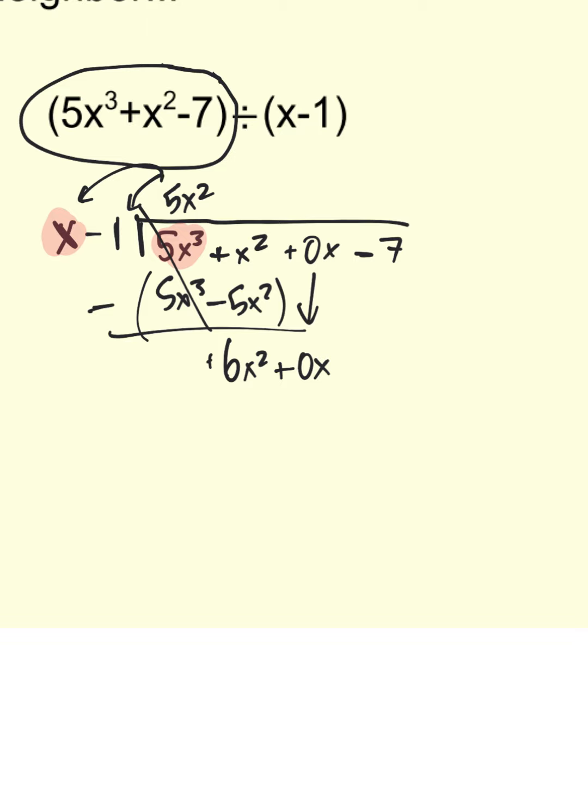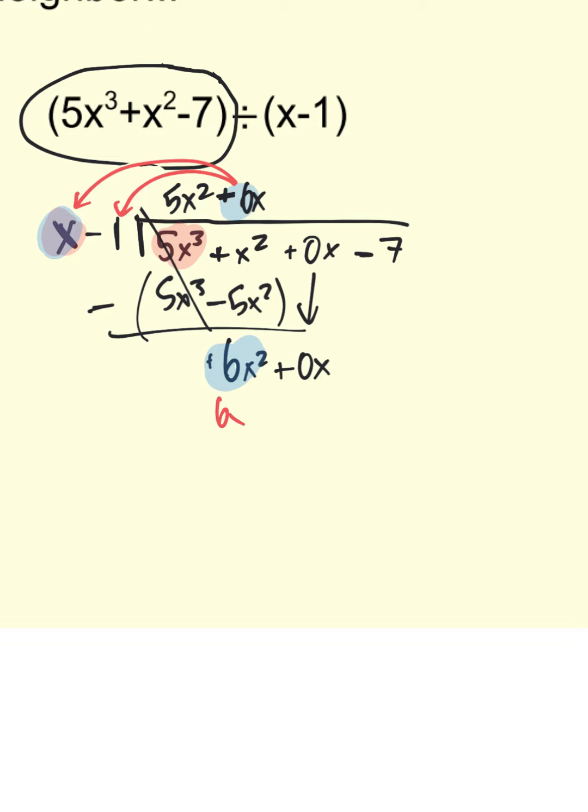So then I ask myself, from here, what times x gives me a 6x squared, or how many times does x go into 6x squared? And I think it goes in 6x times. And then after I figure out how many times it goes in, I kind of get rid of my original arrows. And then I multiply that x minus 1 by 6x.